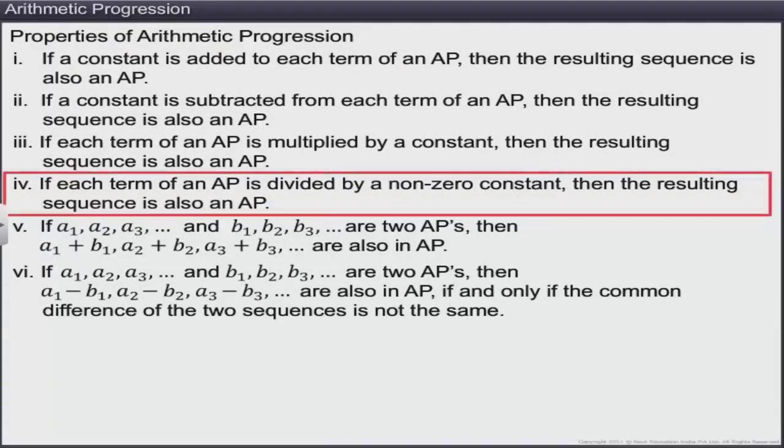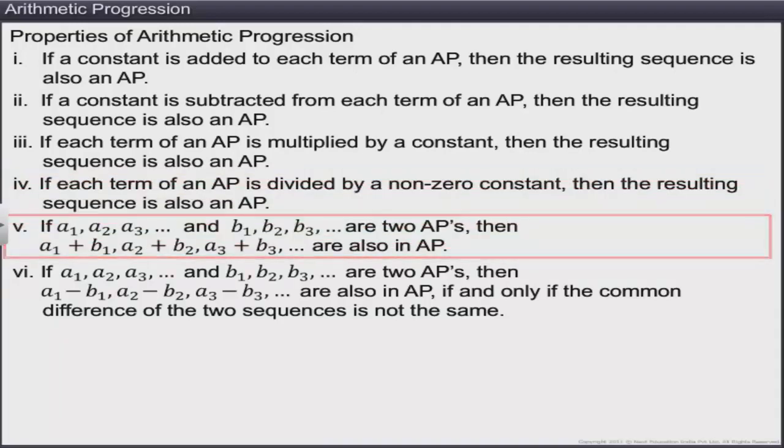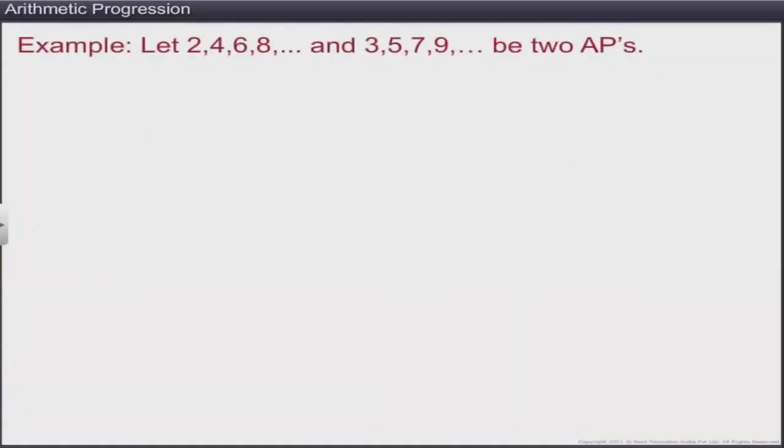If the corresponding terms of two arithmetic progressions are added, then the resulting sequence is also an arithmetic progression. Let us consider two arithmetic progressions, 2, 4, 6, 8 and so on, and 3, 5, 7, 9 and so on.